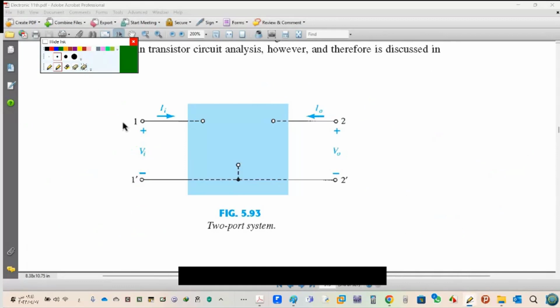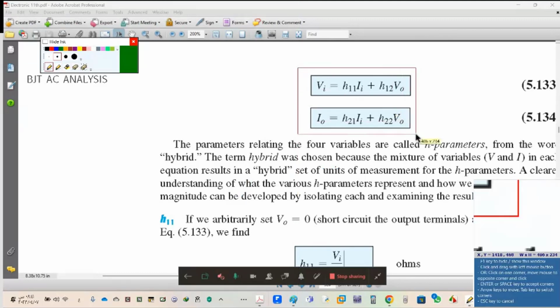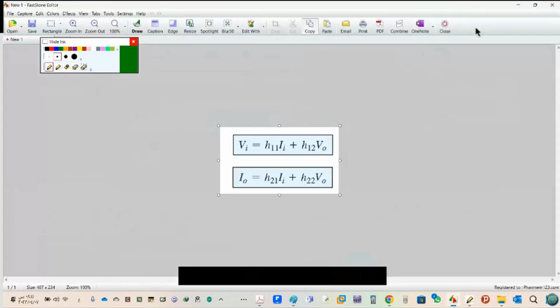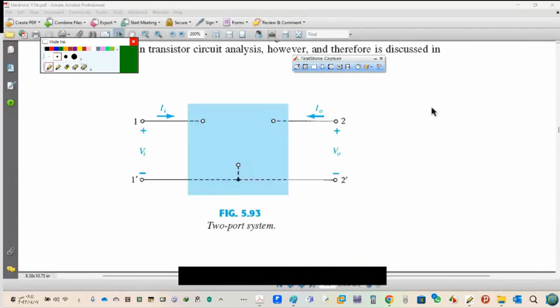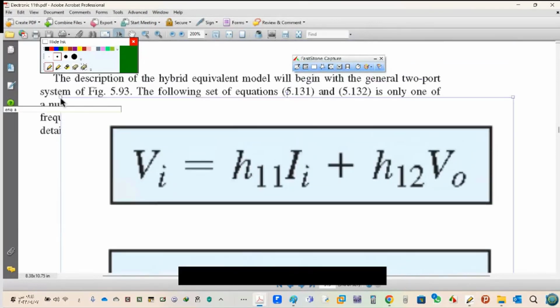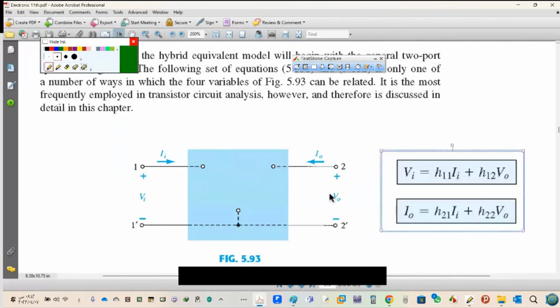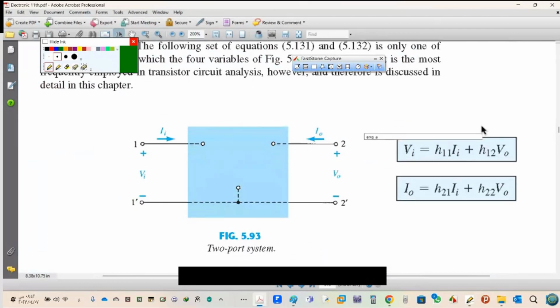Now let's see the formulas for the hybrid model.